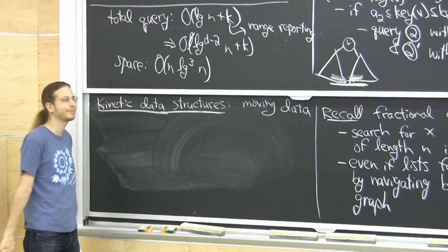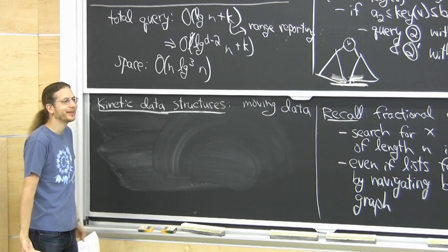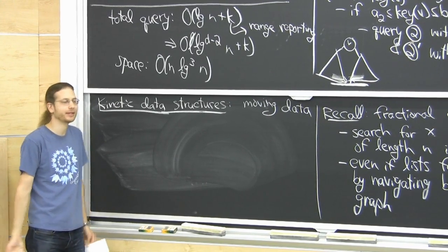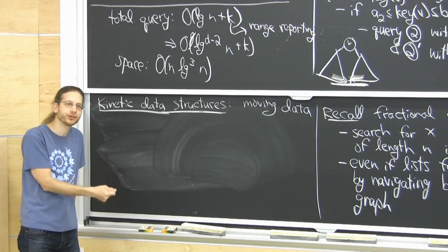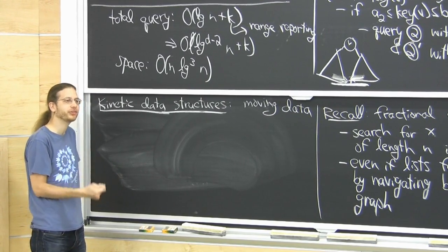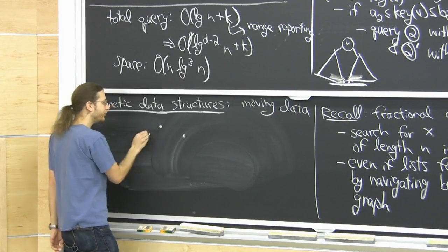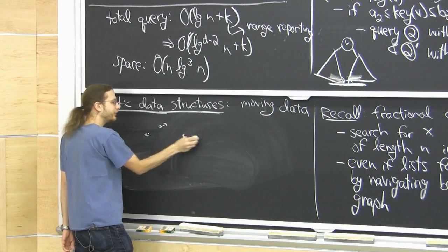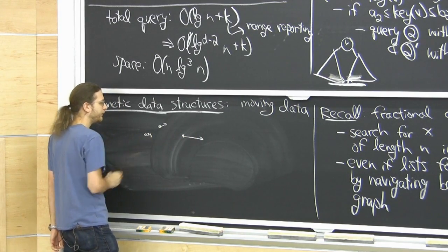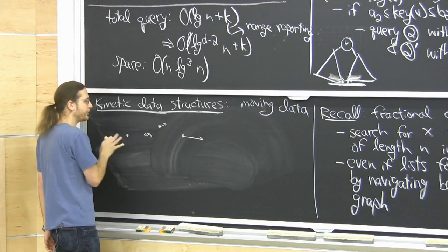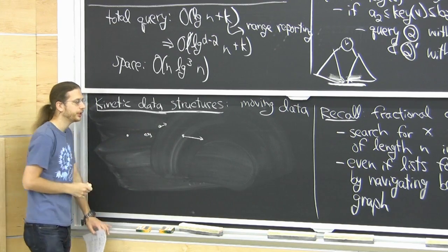Deal with it. Normally, we're thinking of data that at best is dynamic, meaning we can delete something and then reinsert it. But what if everything is constantly changing? Normally, I've got some points in my data structure, but now what if they also have velocities? And maybe some guy's just sitting there stationary, but some of them are moving relative to it.